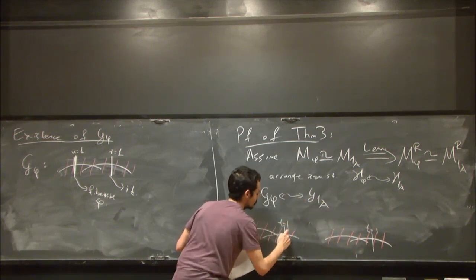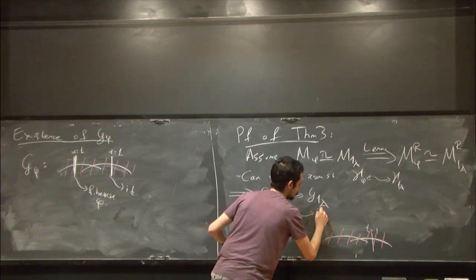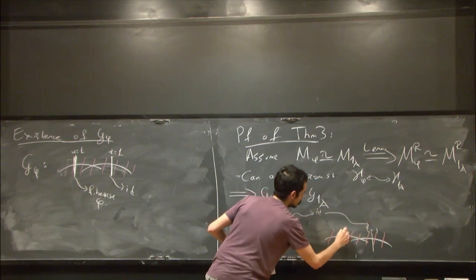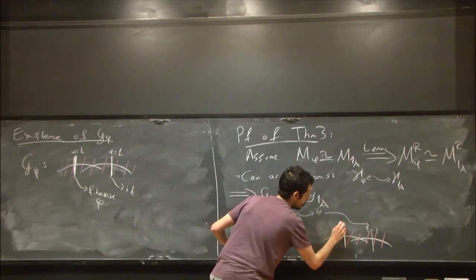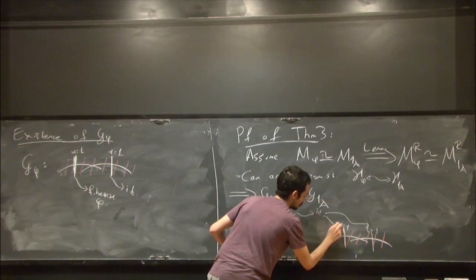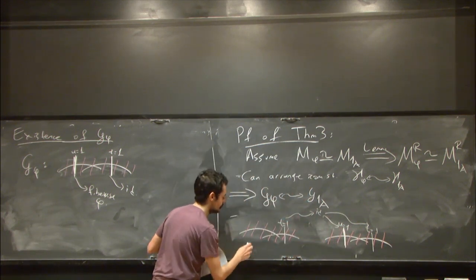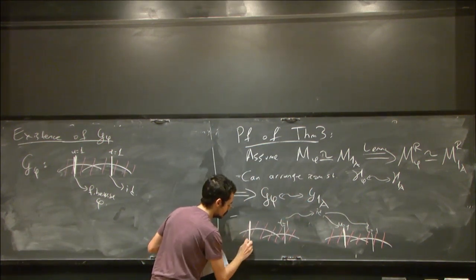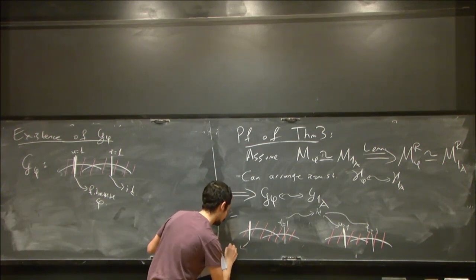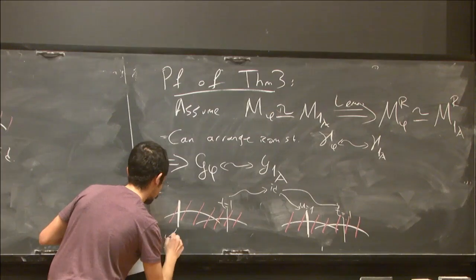At the section t equals 1, they both restrict to identity. The family on the right restricts to identity at section u equals 1 as well. But this one restricts to fiberwise phi.